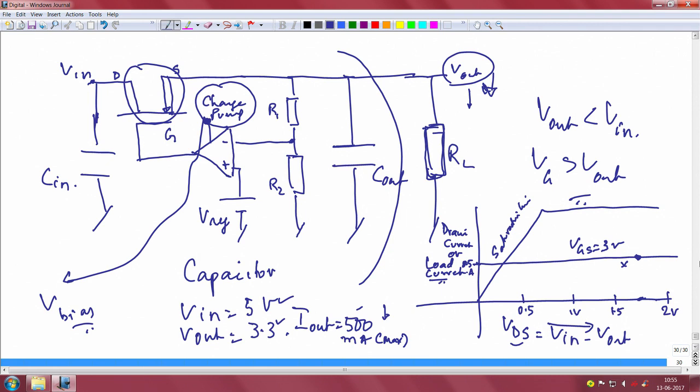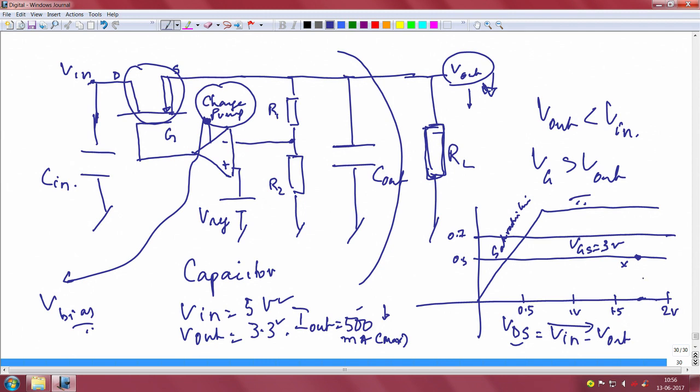Now take a situation where the load current increases and let us say it goes to 0.7 amps. So, let me draw it again for clarity so that you will see the picture better. This is 0.5 and let us say it goes to 0.7, and that is here. Okay.